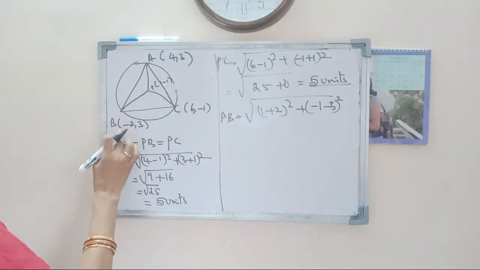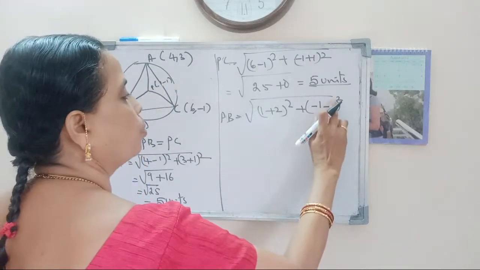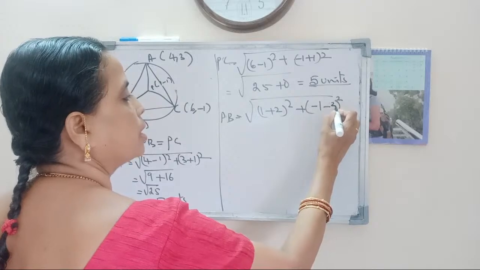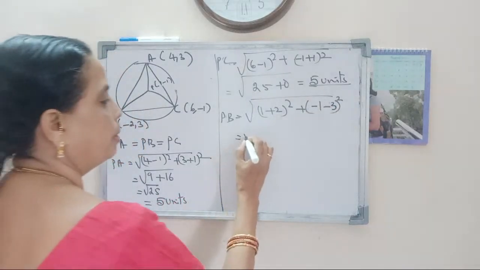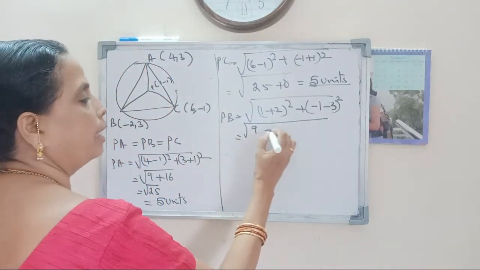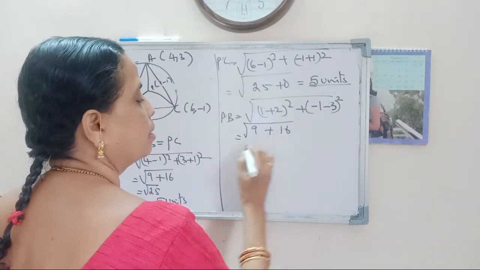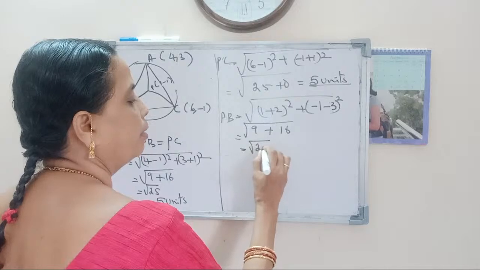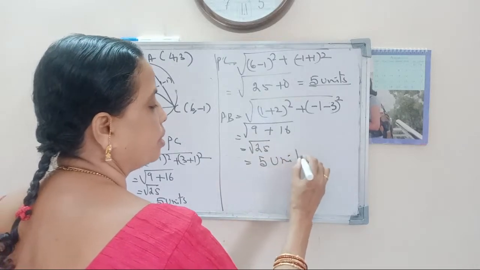You can take x2 minus x1 or x1 minus x2; in both cases you will get the same answer. So what will you get? 3 square is 9, minus 4 square is 16, it is root 25. Finally, this is also 5 units.